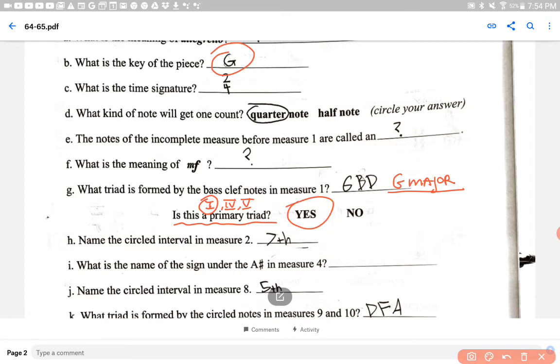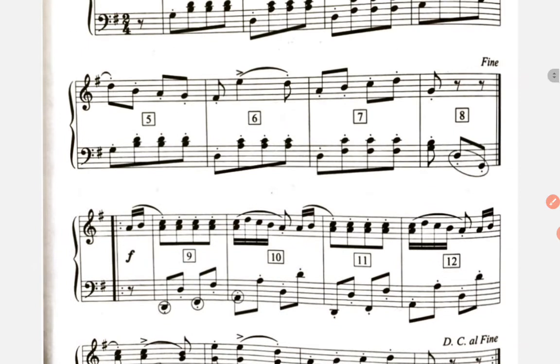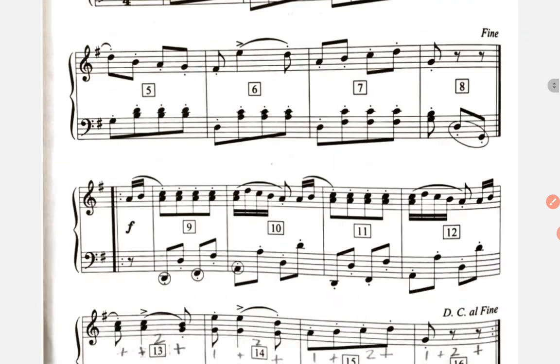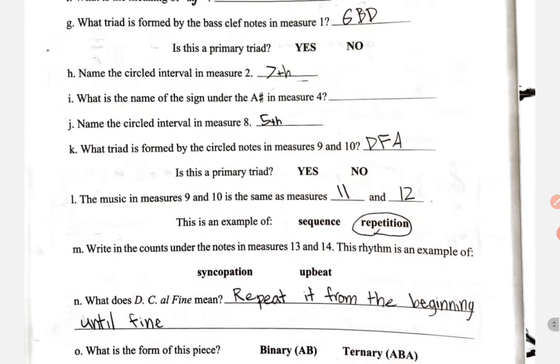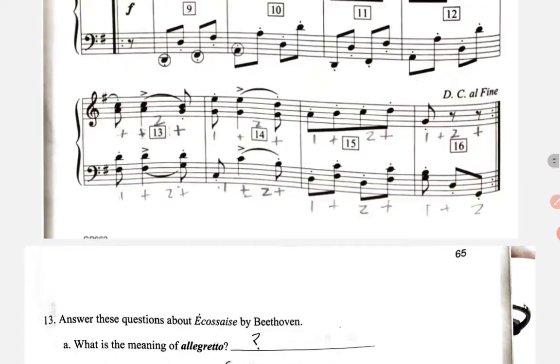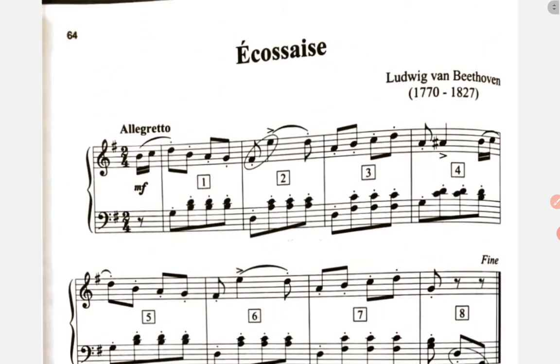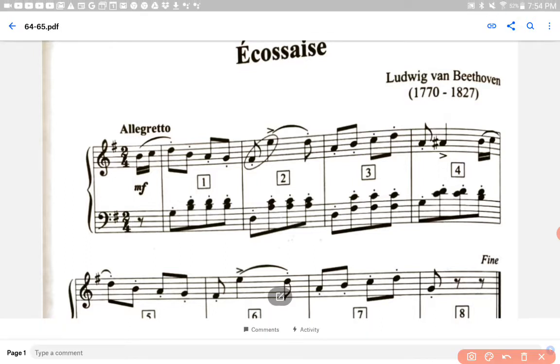Non-chord tone interval in measure 2, it's a 7. Yeah, that's correct, good job. What is the name of the sign under the A sharp in measure 4? Let's look at measure 4 and the sharp. Oh, this little thing right here. You can see that, right?